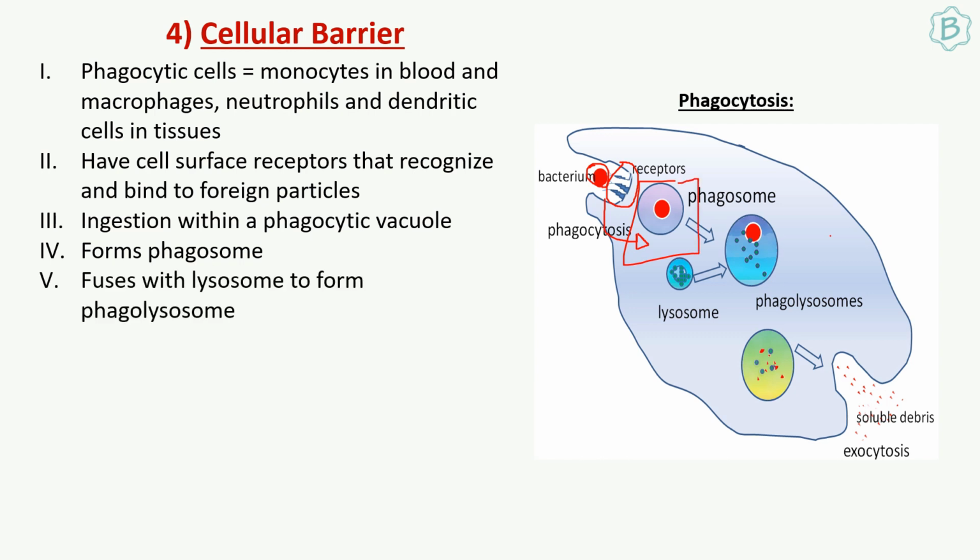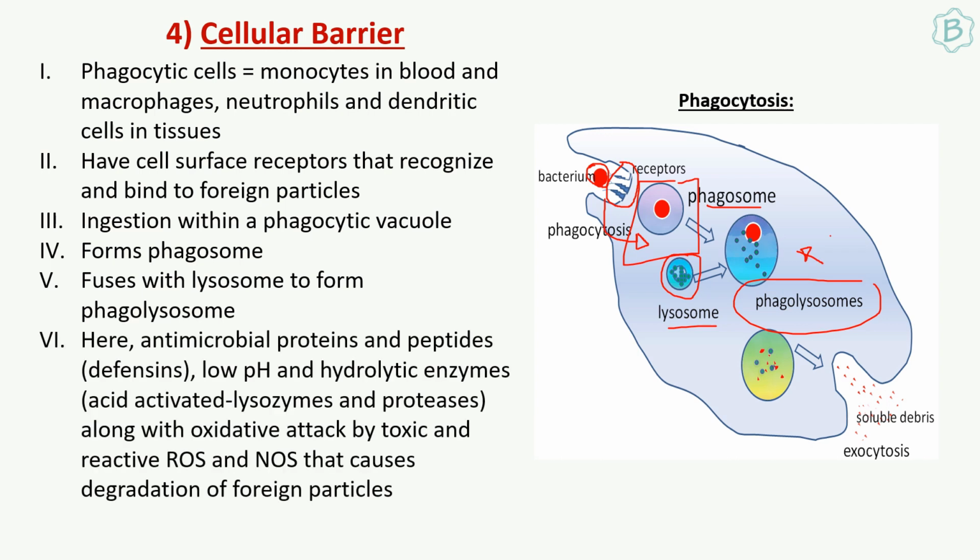This phagosome will further go and bind with a lysosome. There are many lysosomes present in the phagocytic cell, and now you will know the reason why. So the phagosome will bind with the lysosome and they will form a phagolysosome. This is your phagolysosome, the one in blue.